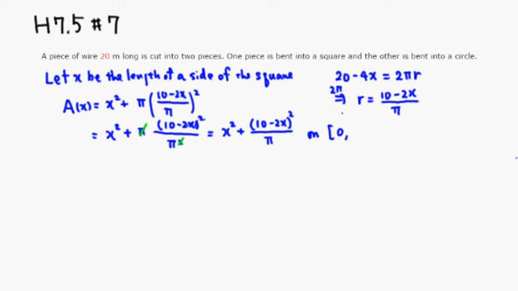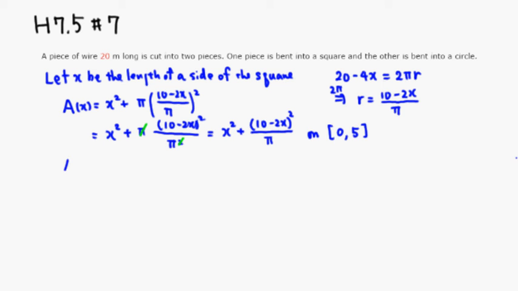Or we can use all of the wire for the square, which means we use all 20 meters with 4 pieces, so x is 5. So x is between 0 and 5. We want to maximize and minimize that, but we know that the maximum is going to occur at either 0 or 5, and the minimum is going to occur at the critical number.